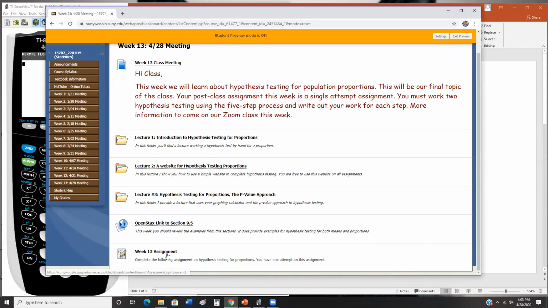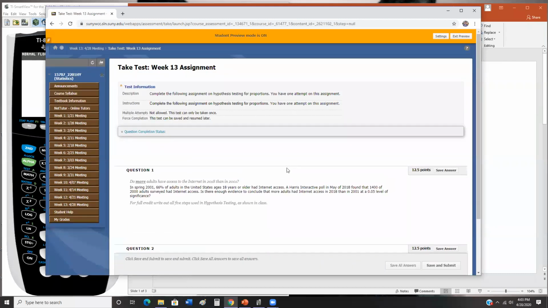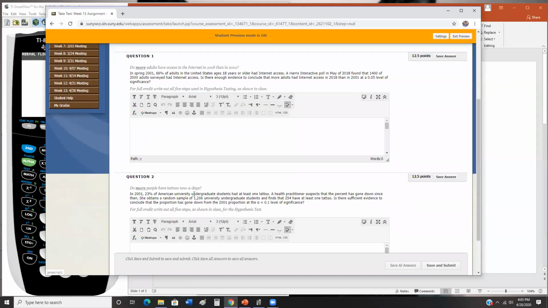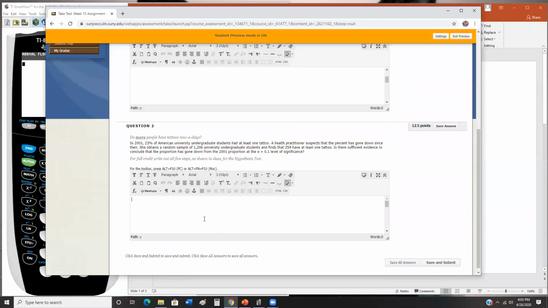So your final assignment this week, final take home or final online quiz, if you click on it, is really important. You only get one attempt at this, okay, unlike the previous assignment. So when you begin it, it's two hypothesis tests, where you have to write out the 5 steps to solve the hypothesis test, and then I will grade them and get them back to you.